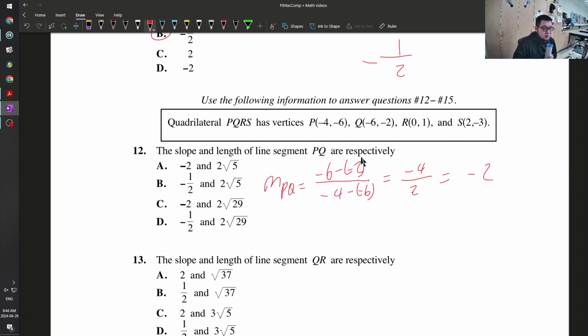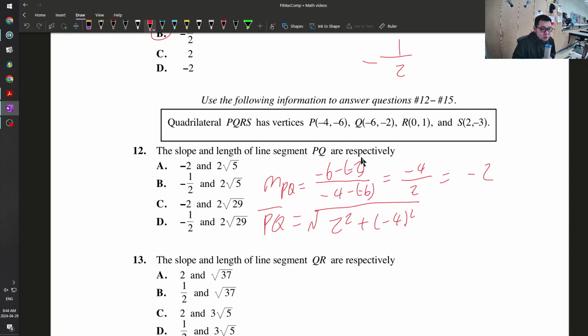Okay, now the length of the line PQ. Do some square rooting: x2 minus x1 squared plus y2 minus y1 squared. We have the points right here already, so save some time. This is x2 minus x1, so 2 squared plus negative 4 squared.